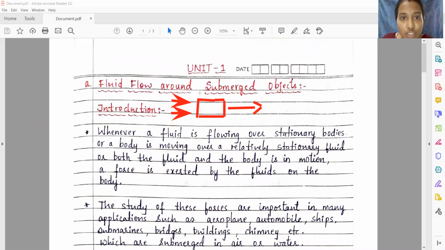And there is one more force, the shear force, which is acting parallel to the body but perpendicular to the direction of motion. You can write this shear force as tau, and this pressure force you can write as P. Clear?